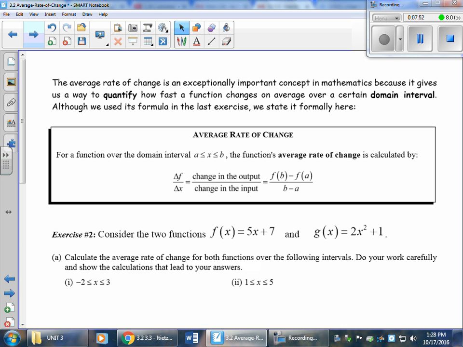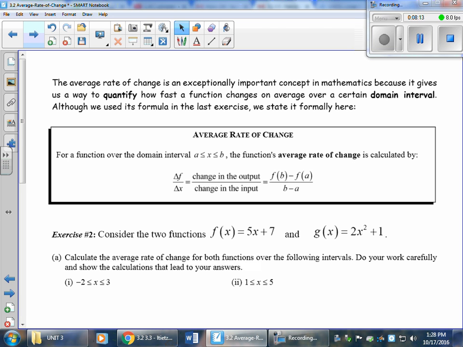Average rate of change. For a function over a domain, over the interval, so x is sandwiched between a and b, the function's average rate of change is calculated by the change in f over the change in x, which is the change in the output over the change in the input, which we say f of b minus f of a over b minus a.